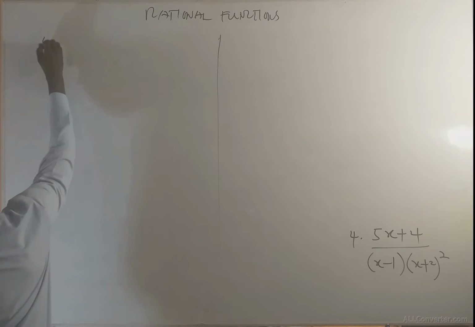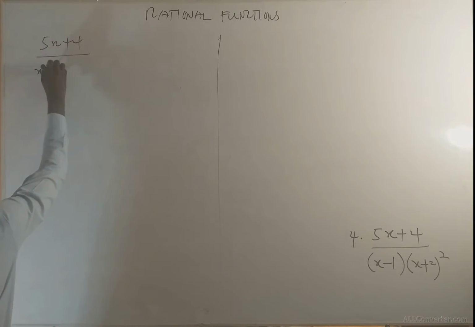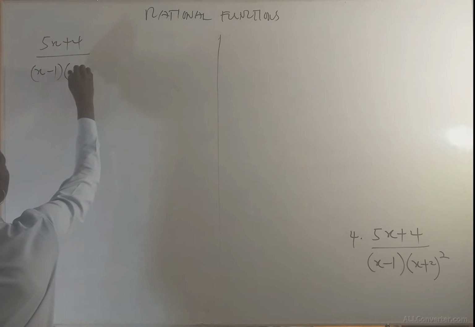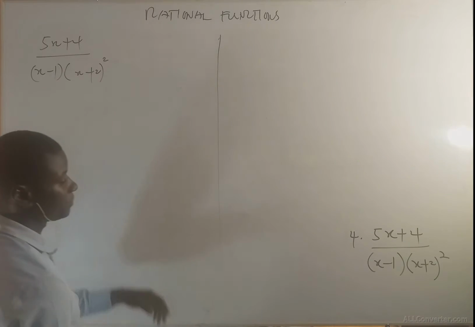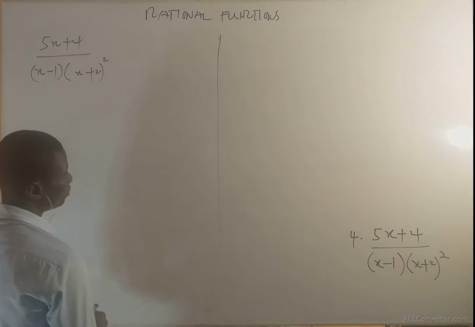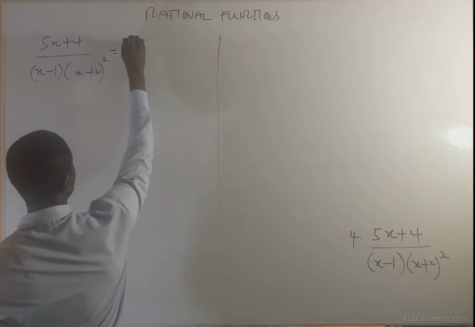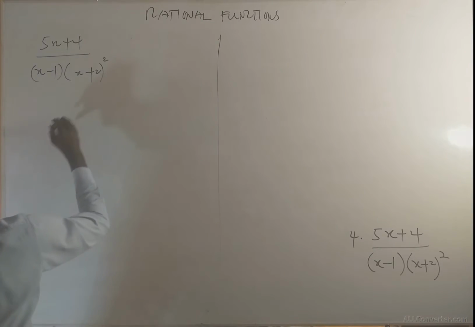we have 5x plus 4 all divided by x minus 1, and x plus 2 all squared. So when you look at this expression, realize that this is a denominator with a repeated factor. And so with this, let's see how best we can solve this problem.